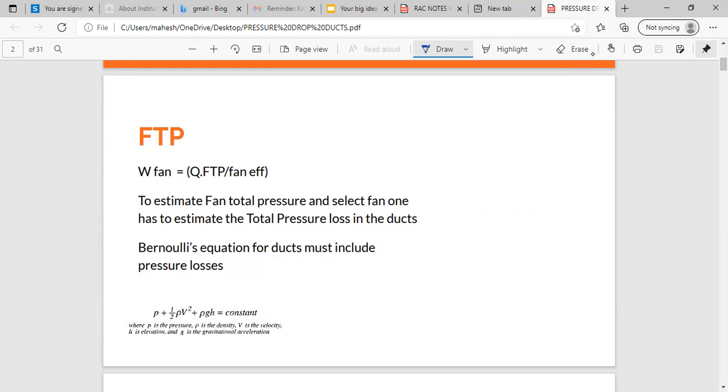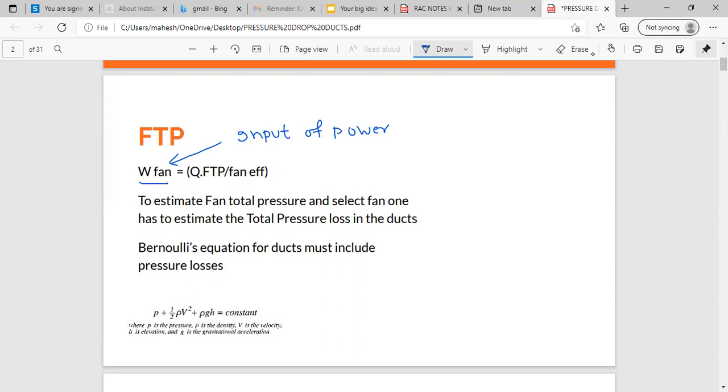I have represented in this W fan the input of electricity, input of power or rating of fan, which would be necessary to overcome the losses in the duct systems. When I'm saying duct systems, I'm including not only the ducts but also the duct fittings.